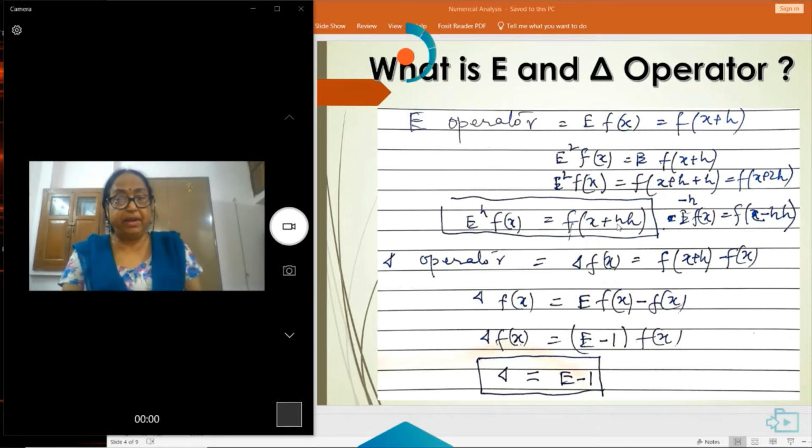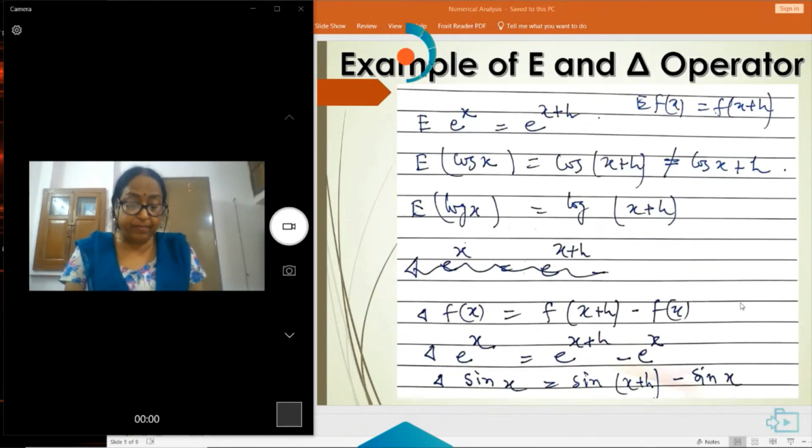For example, E operating on e to the power x is equal to e to the power (x plus h). Similarly, E operating on cos x is equal to cos(x plus h), not equal to cos x plus h.